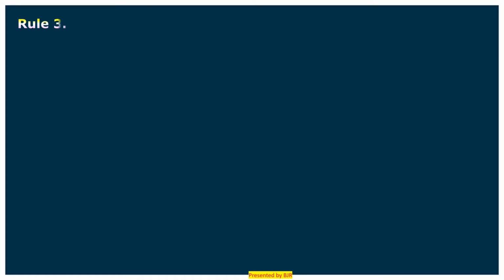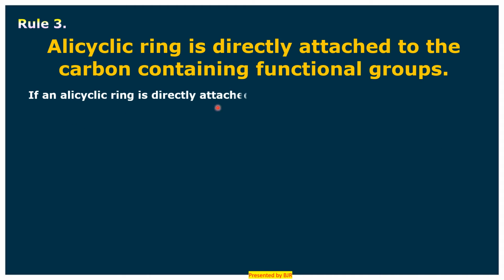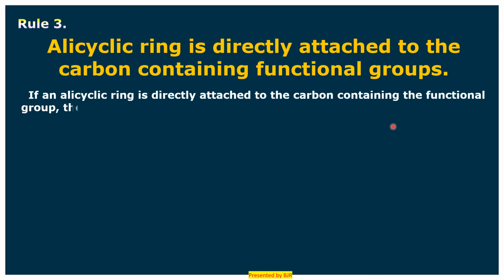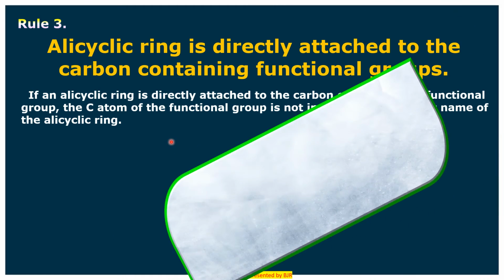Next, rule 3. Alicyclic ring is directly attached to the carbon containing functional groups. If an alicyclic ring is directly attached to the carbon containing the functional group, the carbon atom of the functional group is not included in the parent name of the alicyclic ring. Okay.